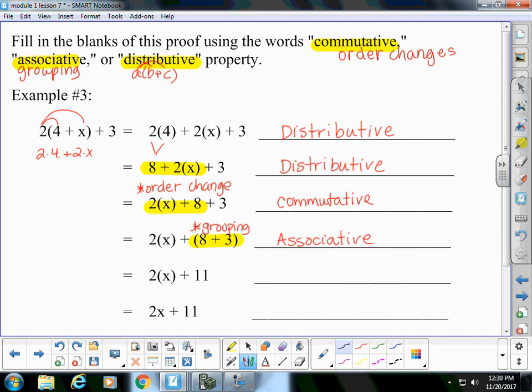And then all of a sudden they came up with the answer to 8 plus 3. So that's just finishing the associative property. So every time they find an answer to something, that's finishing the property that they were on.